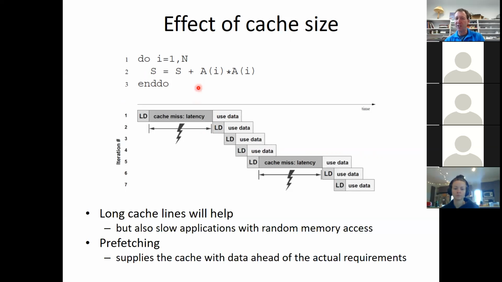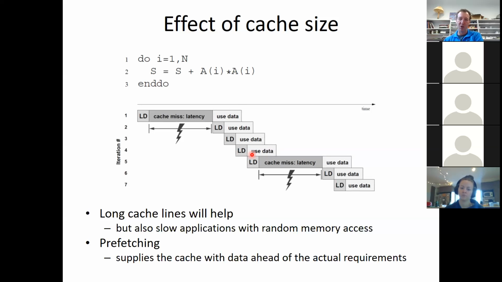Now on the second iteration of the loop, we load the second element. Because caches are filled in by whole lines, not by single elements, the next element is already in the cache, and we don't have a cache miss. We can directly use the data. This goes on for as long as the cache line lasts.